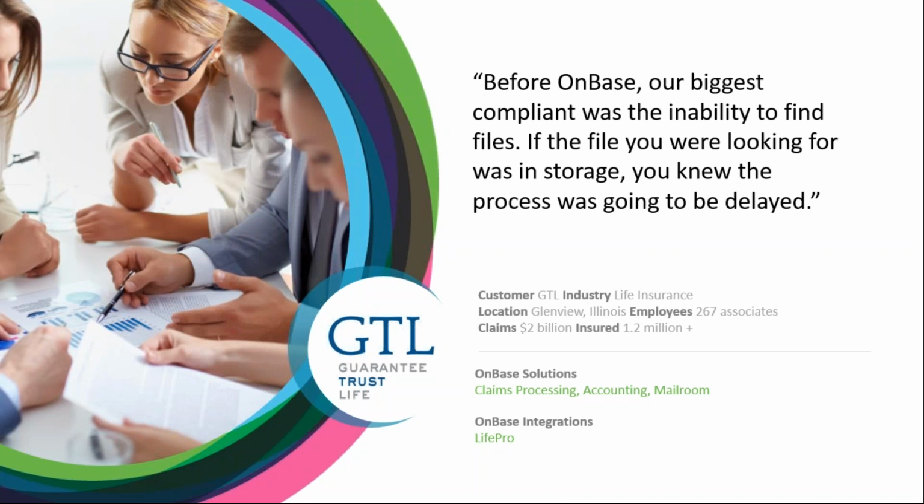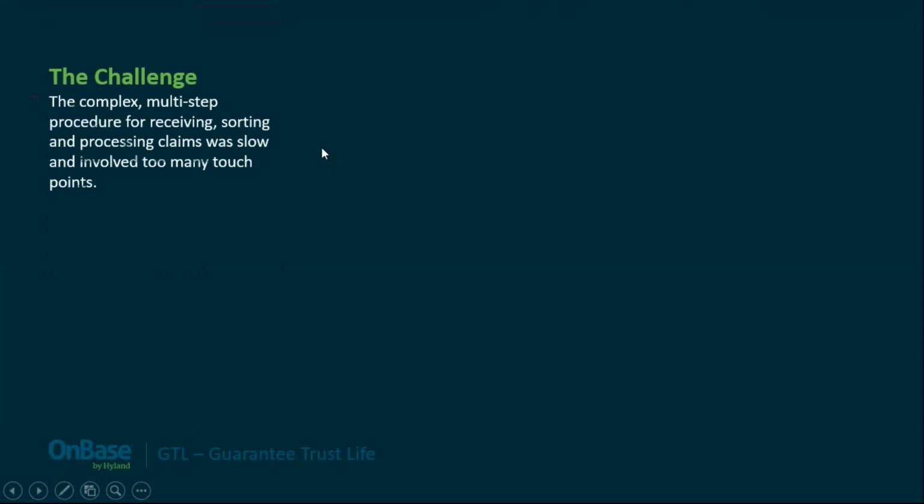They've got 267 associates, process about $2 billion in claims, and have $1.2 million insured within their organization. The solutions that they focused on for OnBase were claims processing, accounting, and mailroom, and they've got an integration that takes place with LifePro. So we'll talk a little bit more about that.